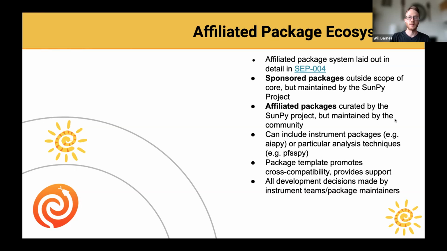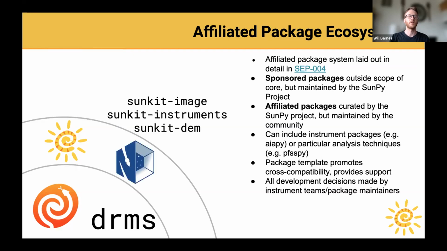But the idea is that we have these things called sponsored packages and affiliated packages. So we say that these sponsored packages are things that are outside the scope of the core package, the data download, containers and coordinates scope that I laid out before. But there are also things that are core to the project and that are maintained by maintainers of the project.